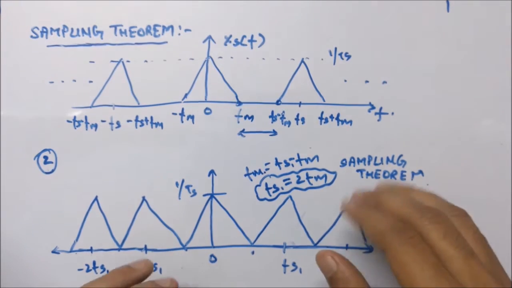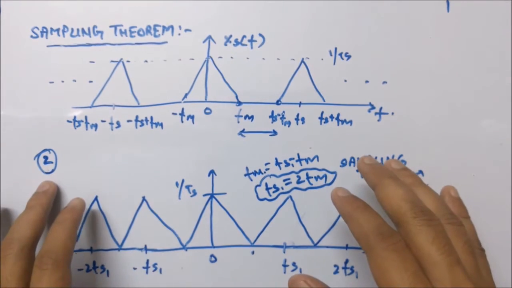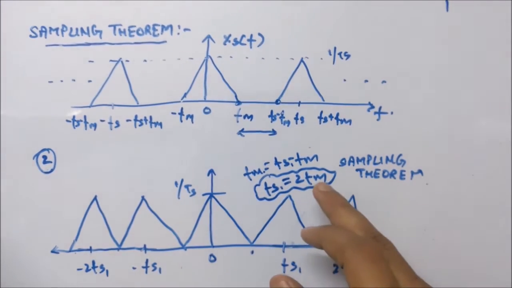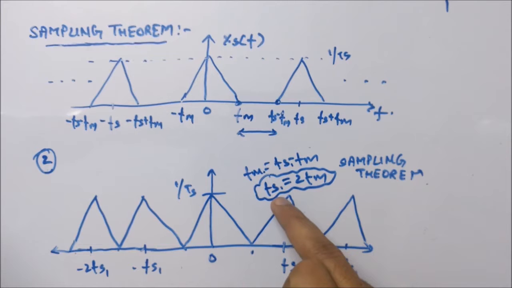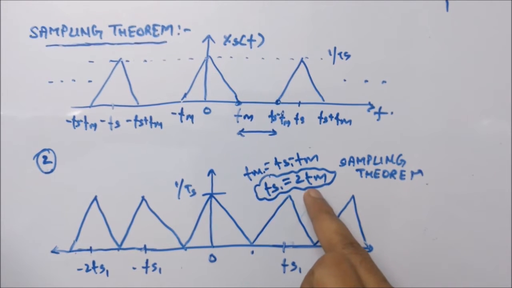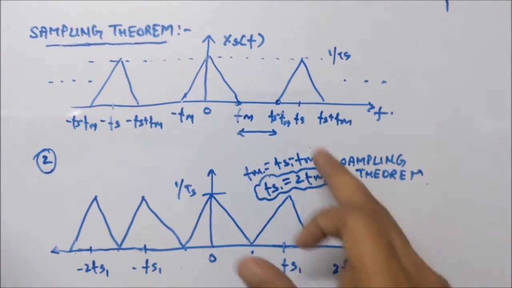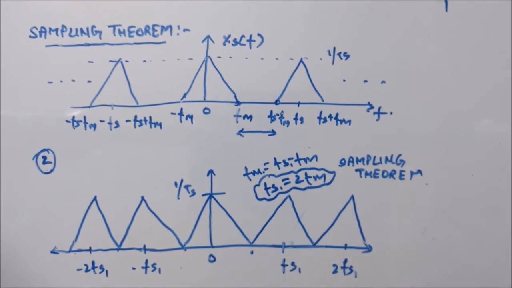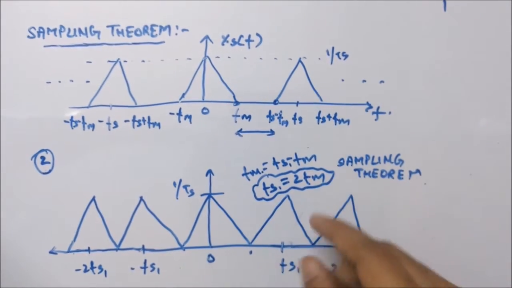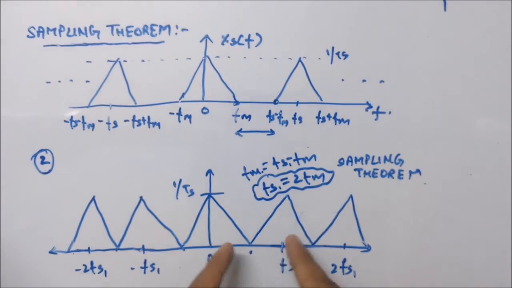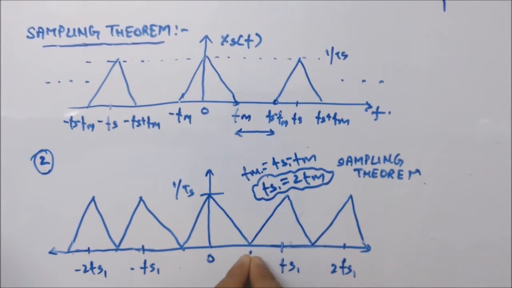The only difference in this case is, if I change the sampling frequency such that it is equal to 2fM, I will get this kind of signal. If I keep the sampling frequency greater than 2fM, I get this kind of signal. So the only difference I can see is that the gap between the replica and the main message signal reduced to 0.